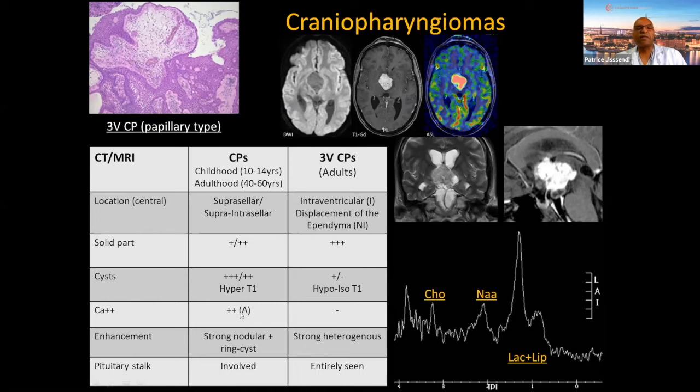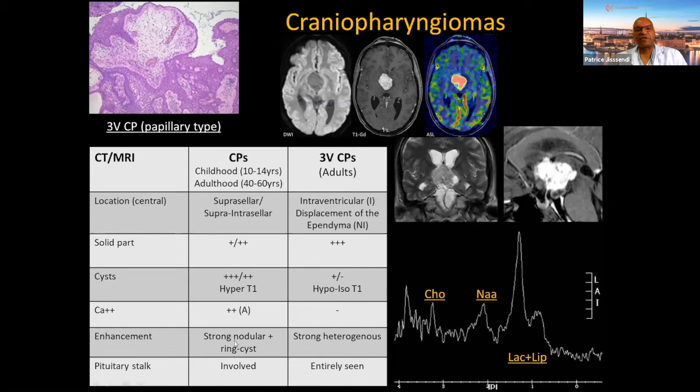On the contrary, there are almost always calcifications found in other CPs, and especially in adamantinomatous craniopharyngiomas.